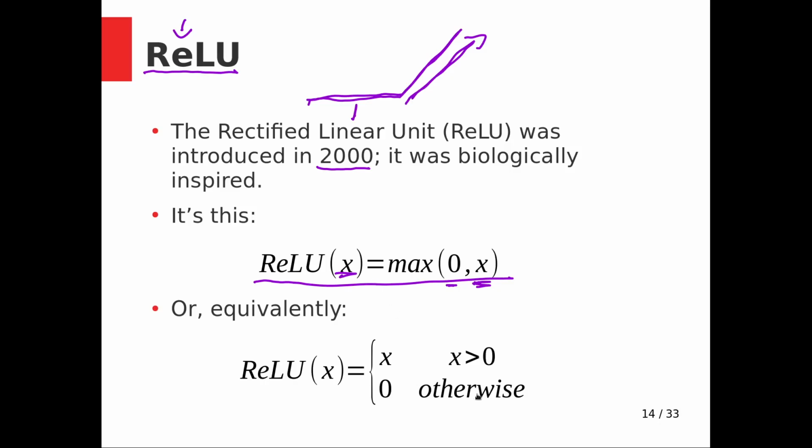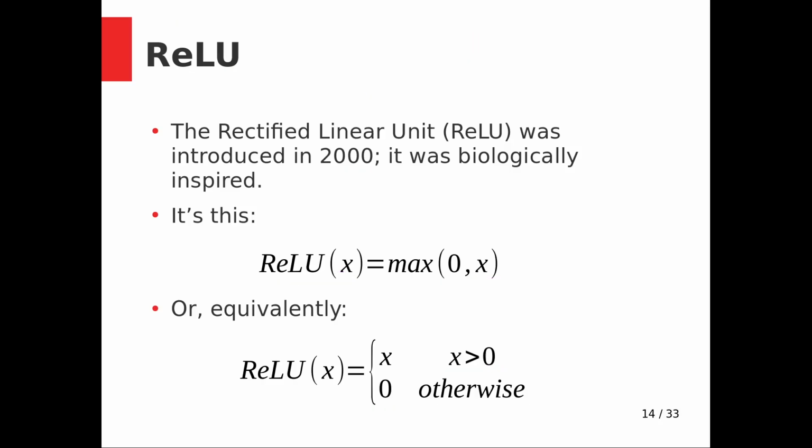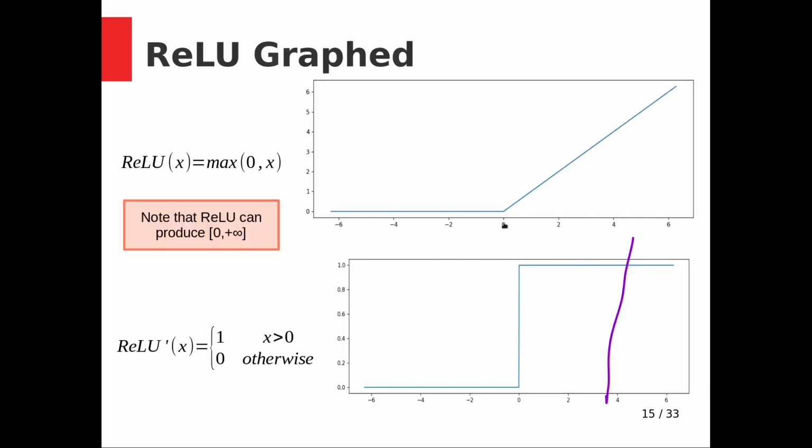For the entire positive half, that's x, because x is always greater than 0. So x if x is greater than 0, 0 otherwise. For the negative half, that's 0. I may have described that poorly, because I probably shouldn't have tried to describe populations of neurons, but it's either one of these things equivalently.